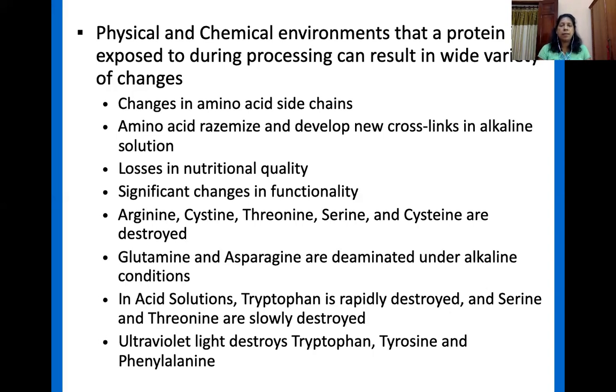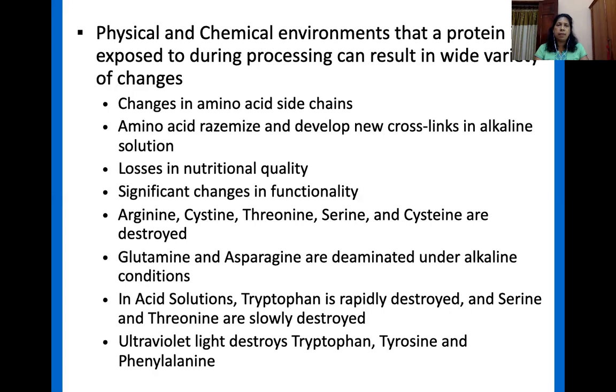Then ultraviolet light destroys tryptophan, tyrosine and phenylalanine. So look at the amino acid structures of tryptophan, tyrosine and phenylalanine and how this can happen. Once you get some idea, you can see why the physical and chemical environment can change the protein very quickly.